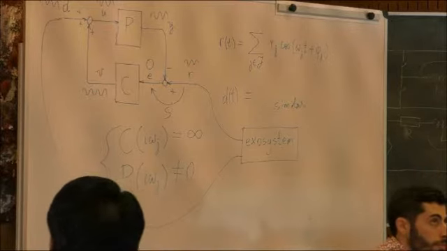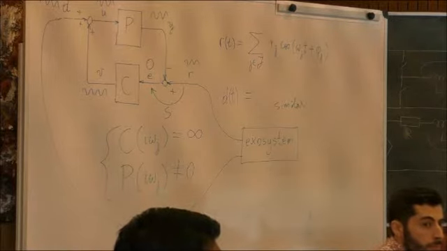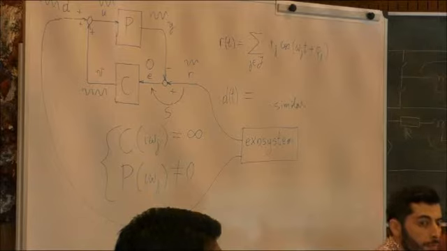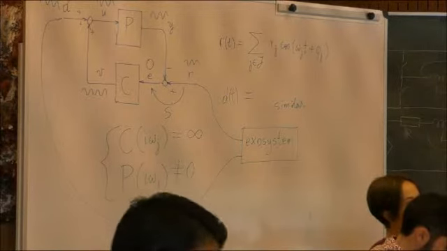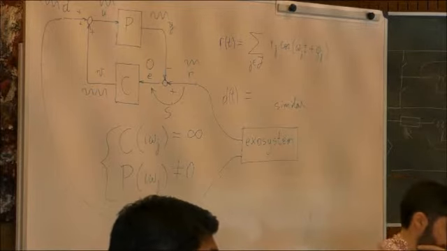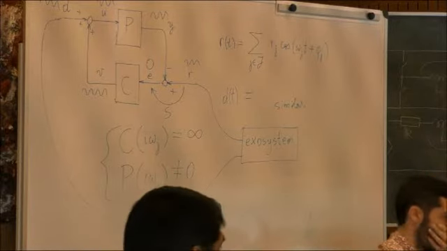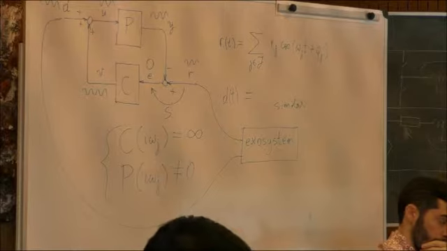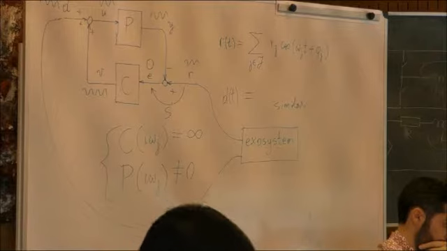So you have an unstable exosystem generating bounded signals, and then the controller has to, after a long discussion, which we may hopefully do tomorrow, the controller again will contain an internal model, which means a system capable of generating similar signals as the exosystem, such that the error will tend to 0. So the broad ideas remain valid for nonlinear systems, but the reasoning becomes completely different because you cannot think in terms of transfer functions.